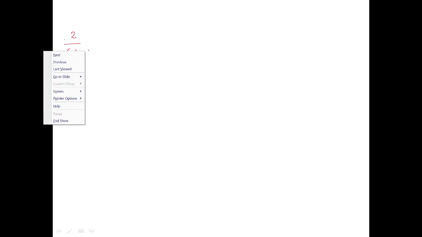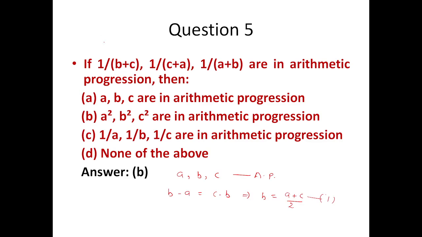So we will get 2 upon c plus a is equal to 1 upon b plus c plus 1 upon a plus b. Now 2 upon c plus a is equal to (a plus 2b plus c) upon (b plus c)(a plus b).